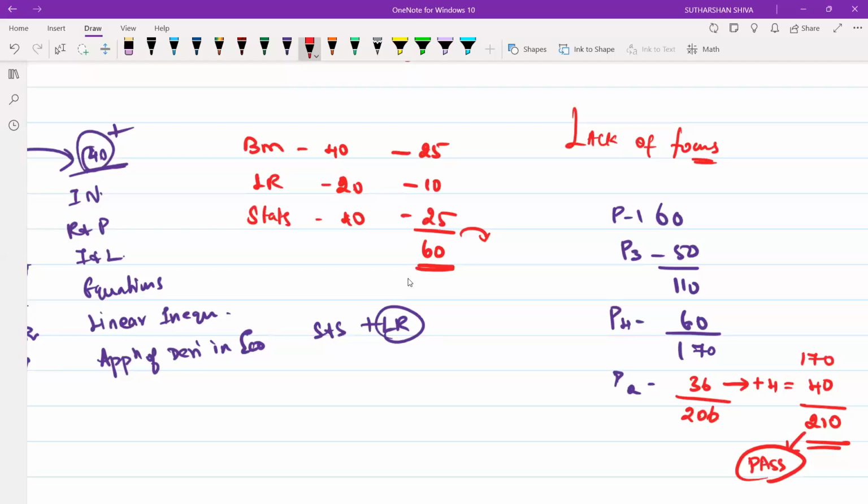But in the same case, if you scored 32 marks, don't expect ICAI to give 8 marks. Not possible.